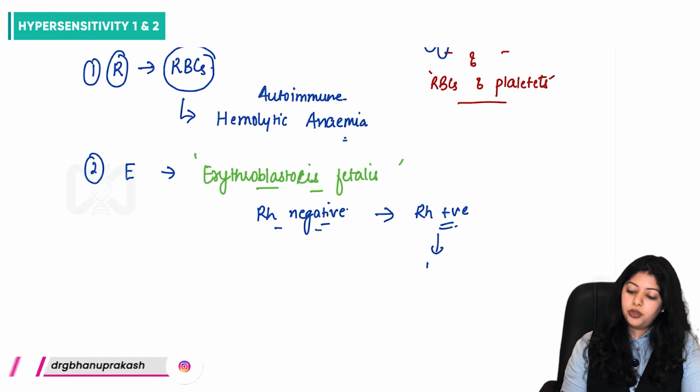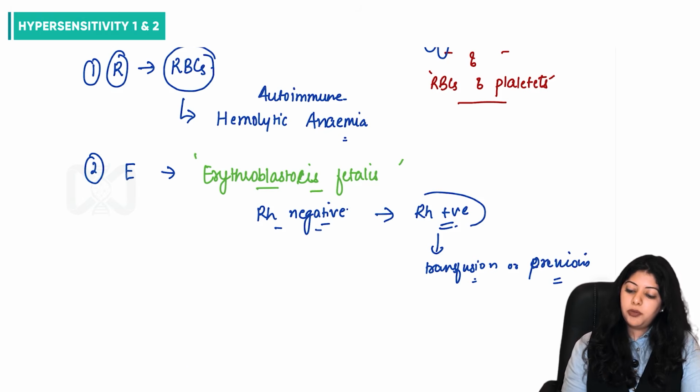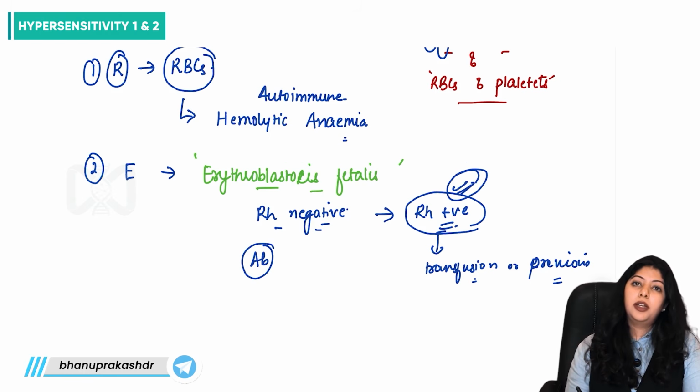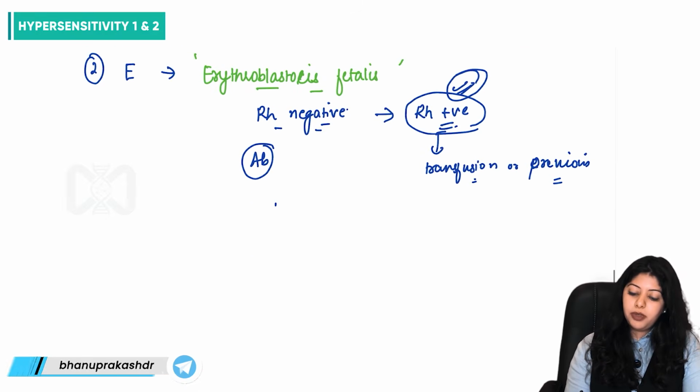It can be due to transfusion or it can be due to a previous pregnancy. Suppose she had an Rh positive baby in the previous pregnancy. Now she has antibodies to this particular blood, right? Now in this present pregnancy, what happens?